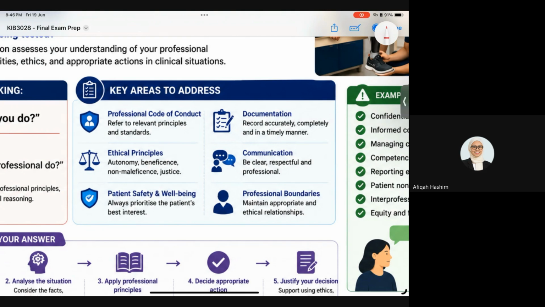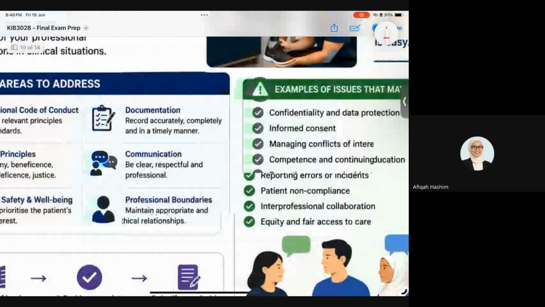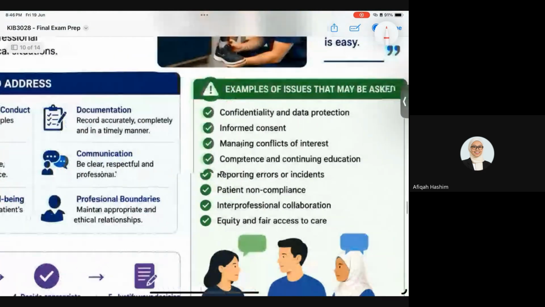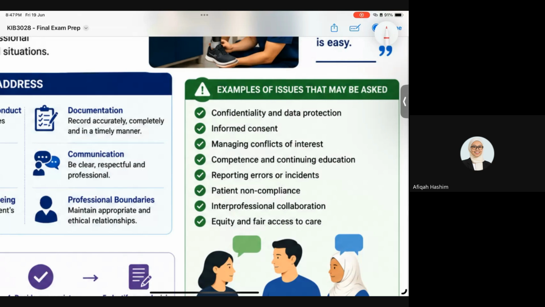On the right side of the slide, you will see examples of issues that may appear in the exam. This includes confidentiality, informed consent, conflict of interest, continuing professional development, reporting error, patient non-compliance, teamwork, ensuring fair access to care.